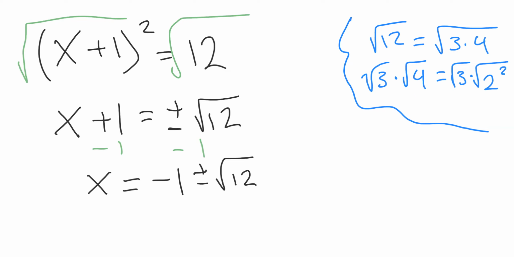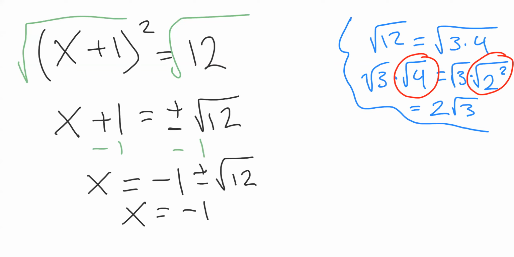Either way, we know that the square root of 4 is 2, or the square root of 2 squared is 2. So that square root of 12 ends up looking like 2 root 3. Okay, so we're going to replace our square root of 12 with 2 root 3. And so our answer becomes x equals -1 plus or minus 2 root 3.